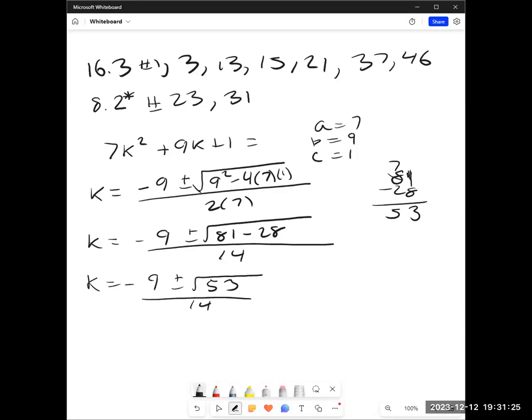So we're just going to leave that as it is and write our answers as negative 9 minus root 53 over 14, comma, negative 9 plus root 53 over 14.